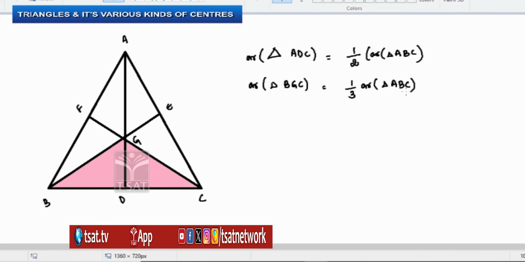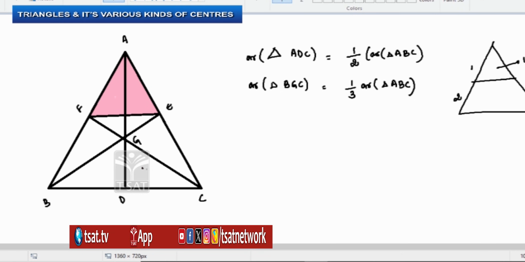Now, take the triangle AFE. Here E and F are midpoints. According to the midpoint theorem, the line joining two midpoints is half of the third side. Therefore, the sides ratio is 1:2. If sides ratio is 1:2, they become similar triangles, so the areas ratio will be 1:4. If it is 1, the entire triangle becomes 4.